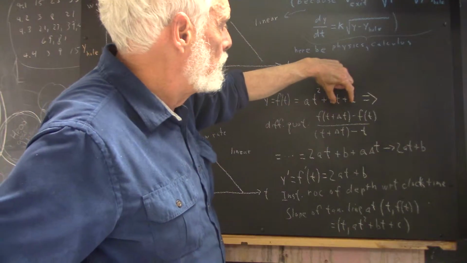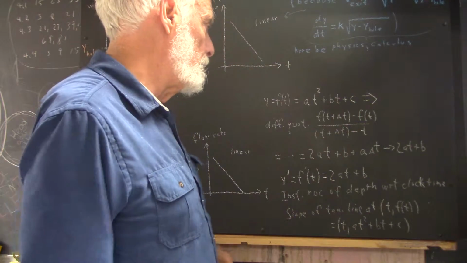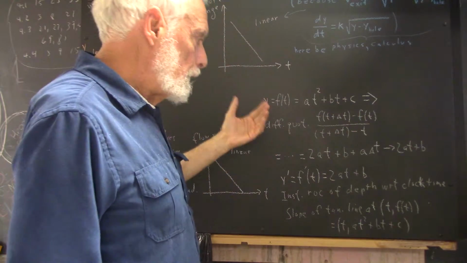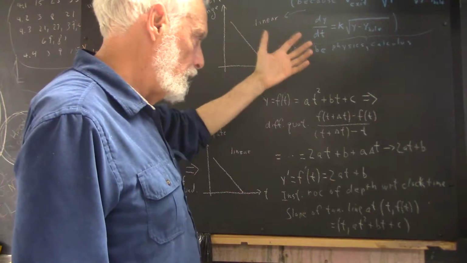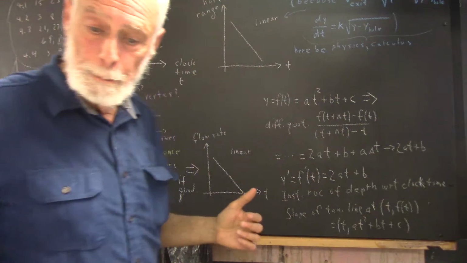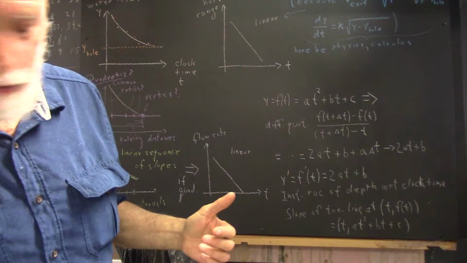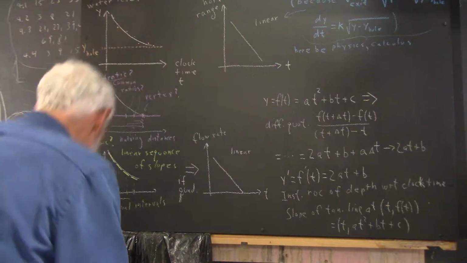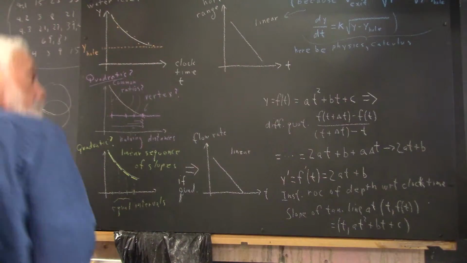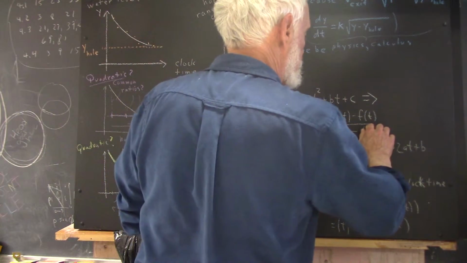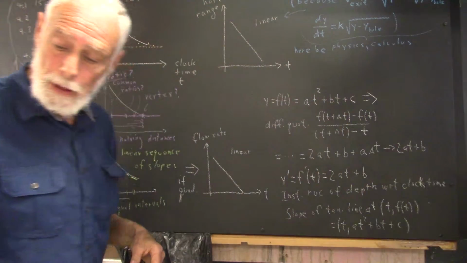So we get the change in the depth divided by the time interval, which is the rate of change, the average rate of change of depth with respect to time. Now, there's something I need to fix. That T wasn't quite crossed, and that was bothering me.